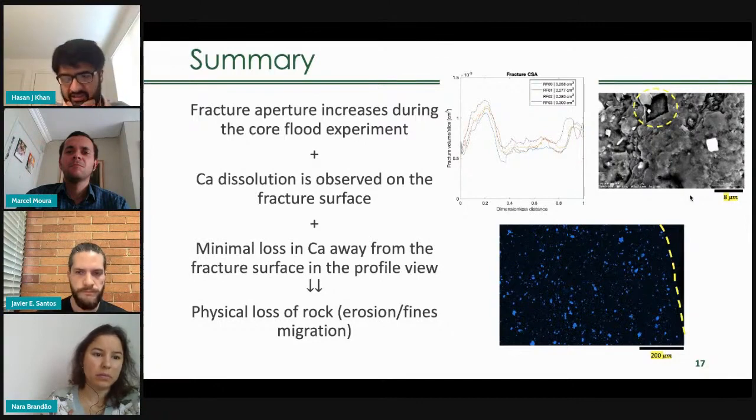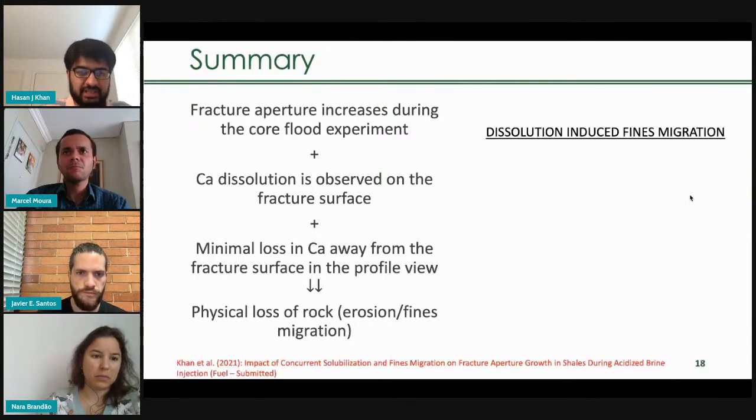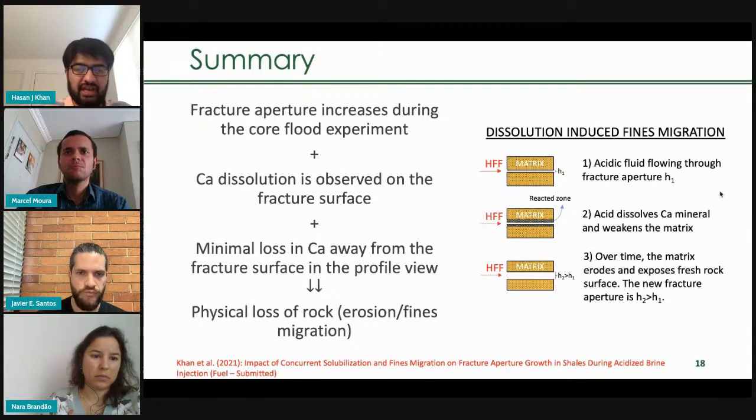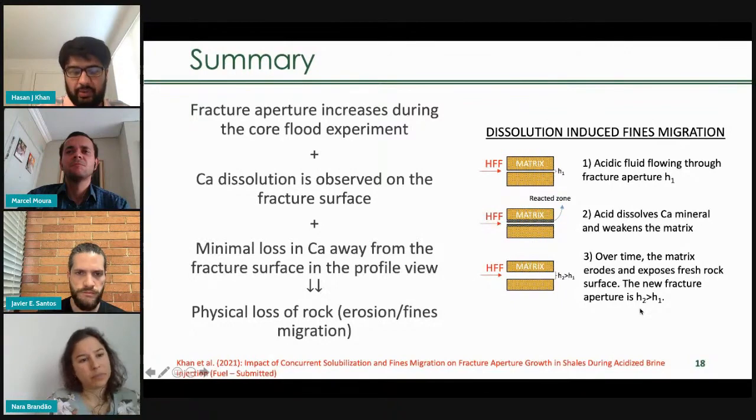So if we do these studies again at higher pressures, where we have a compressive force, we would probably see a different response, because in that case, the weakened part would be under a lot of compressive stresses that will force it to close, which might either result in reducing the fracture aperture further, or it might even cause a higher chipping or erosion to happen, resulting in a higher aperture. So this is work that is currently underway.